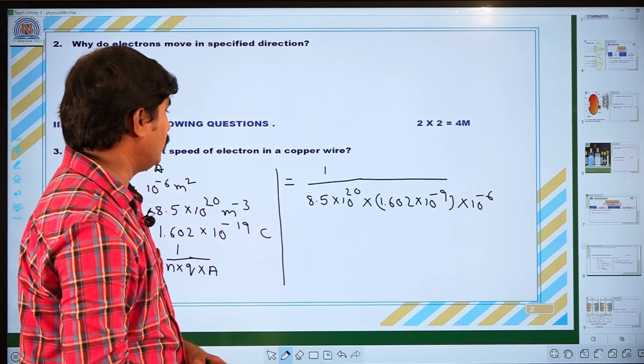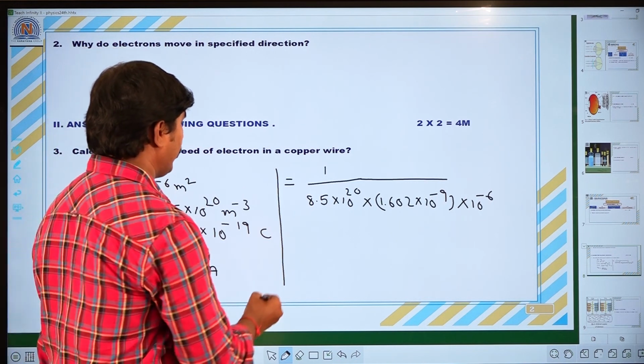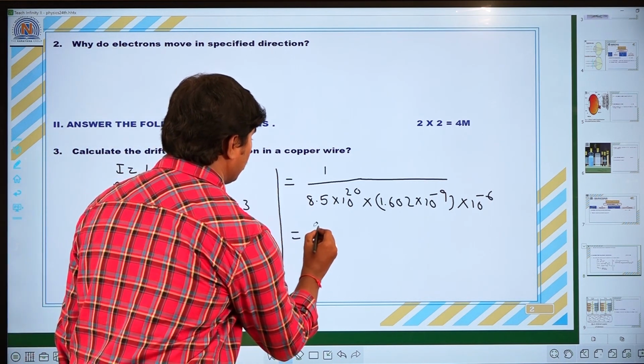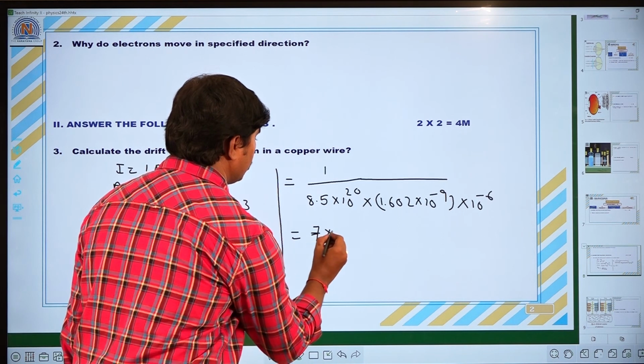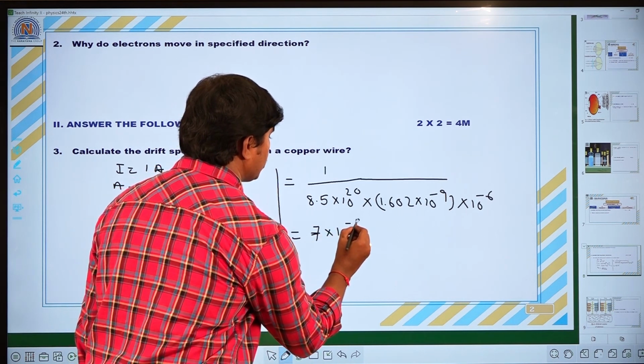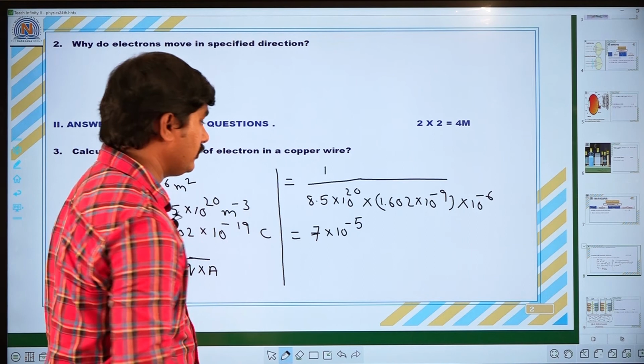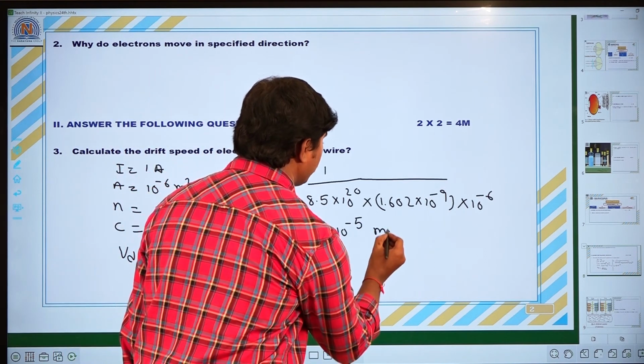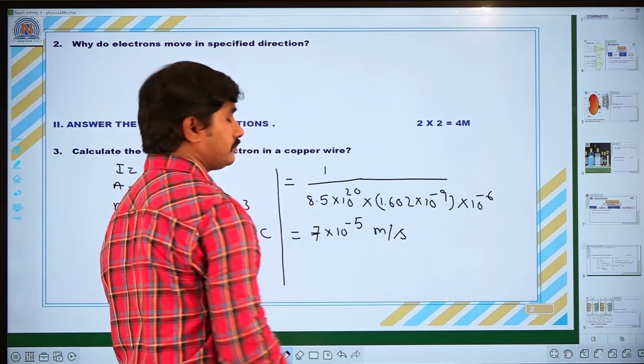You have to solve this. Finally, you get 7 into 10 power of minus 5 meter per second. Speed means the unit is meter per second.